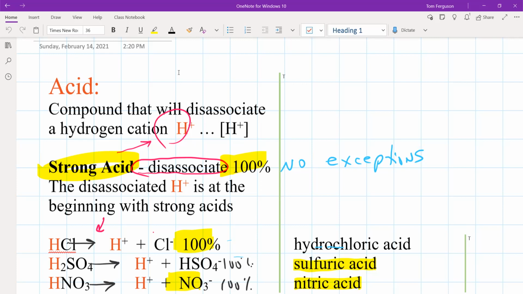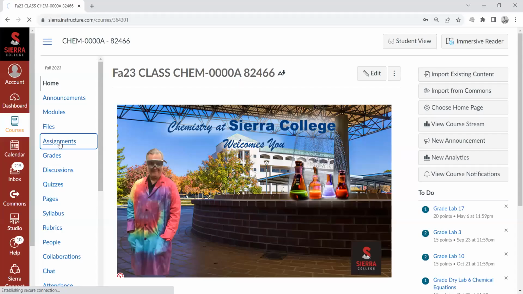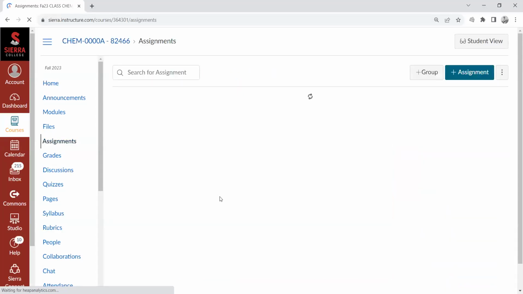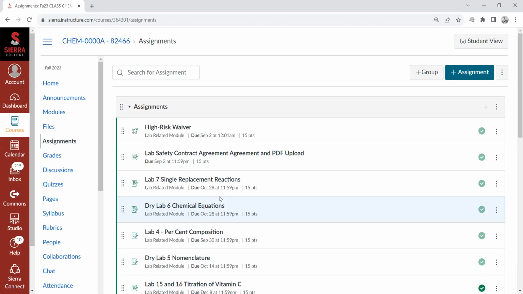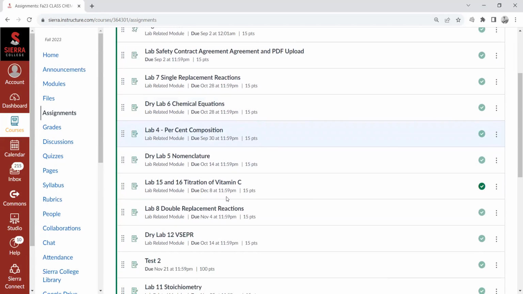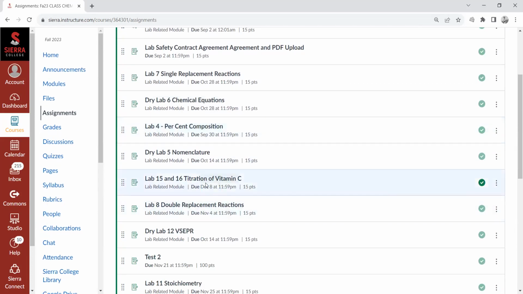Well, if you look on the assignments, the assignment is 15 and 16. So just turn in lab 15 for that assignment, and then do a conclusion and all that good stuff.